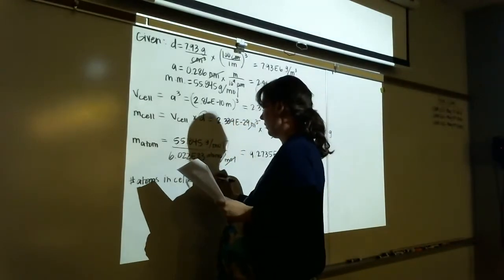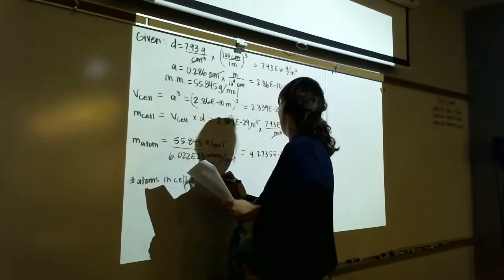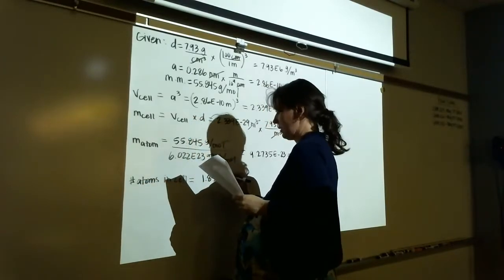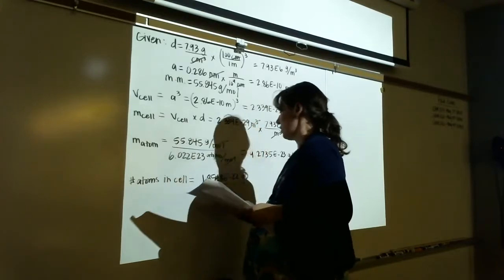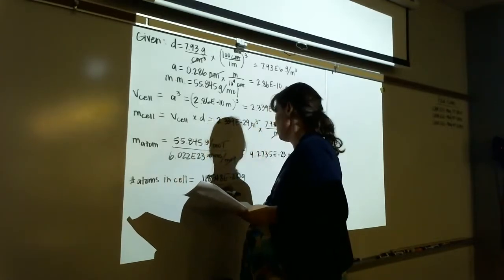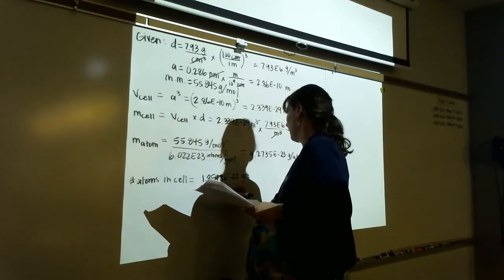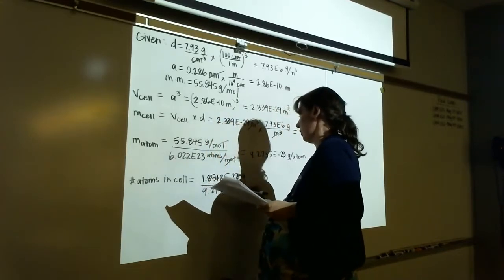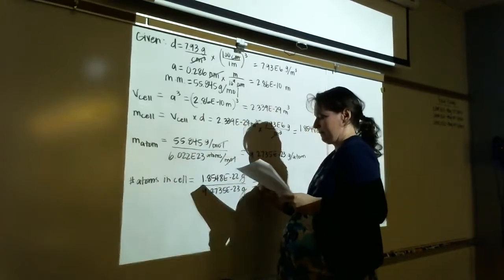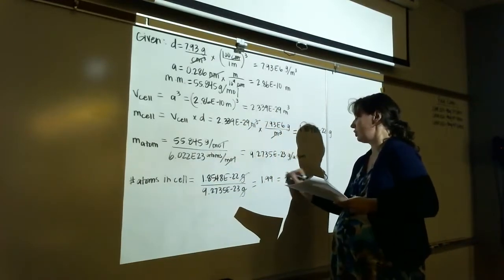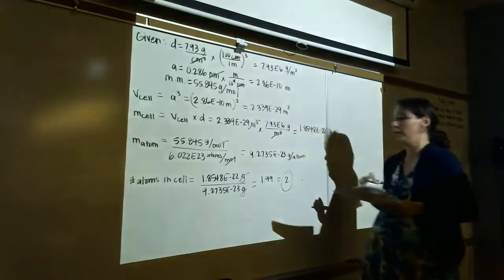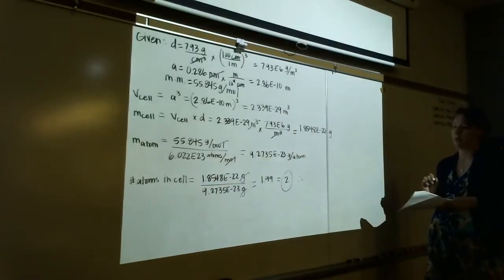So 1.8548 times 10 to the negative 22nd grams divided by this number we just obtained, 9.2735 times 10 to the negative 23rd grams. Gives me 1.99 is what I got, which is 2. So therefore, which kind of cell type is this?